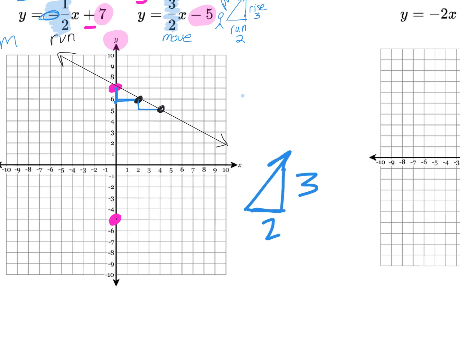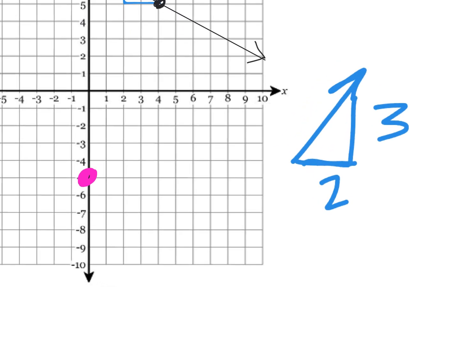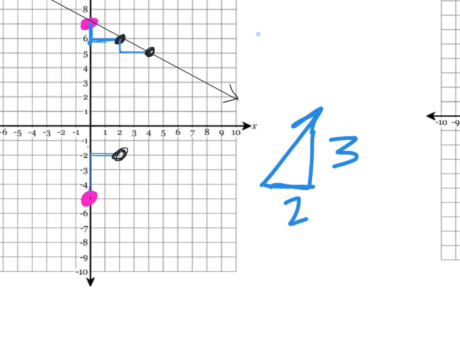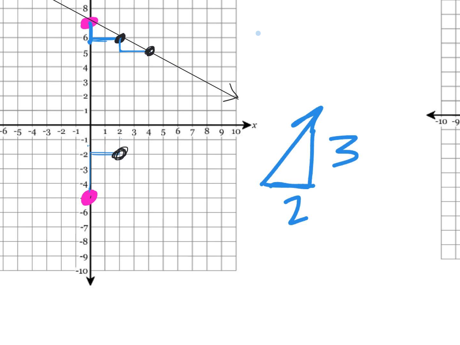So because my rise is 3, my run is 2, and it's going in a positive direction, I'm going to go up 1, 2, 3, and over 2. Oh, I went up 4 instead of 3. Sorry. Okay, so my next coordinate should be right here.